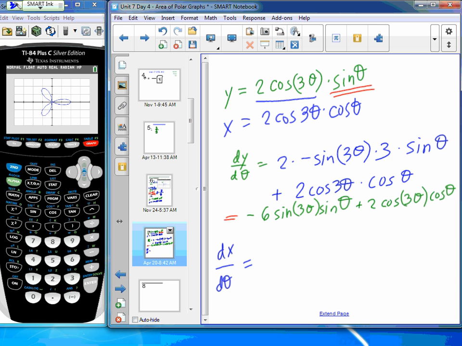So dx d theta is given by the derivative of my x, which came just from r cosine theta. First function, second function, and the derivative of a product of two functions is the derivative of the first. That's going to differentiate to opposite 6 sine 3 theta, times the second.